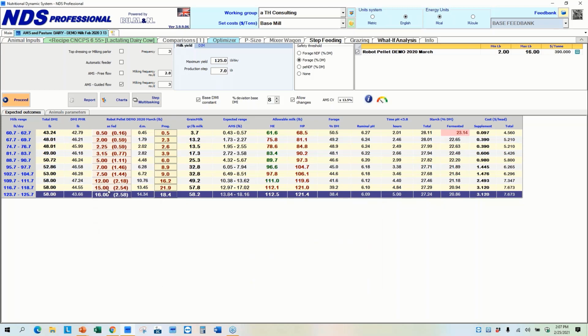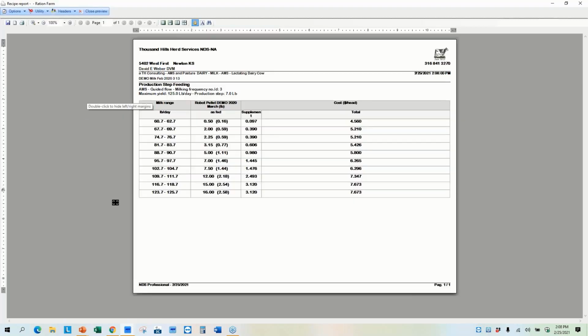But just using this system now, I feel okay, and I can walk through some of this by reformulating. I've got a bunch of things that I'm overfeeding in a bunch of these areas. So what I could do is come up and make a report, which is simply something I can print out, which shows basically the milk range and the pellet input amount.